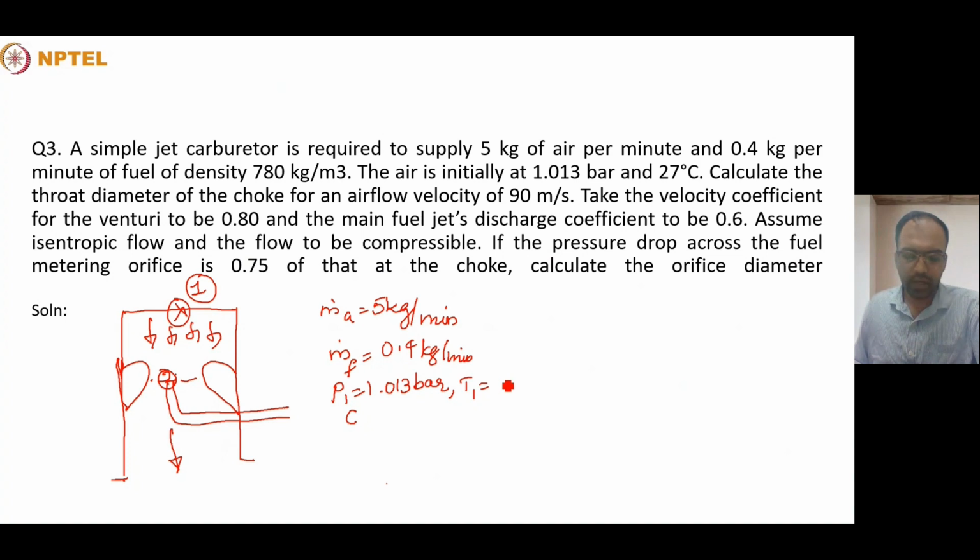T1 is equal to 300 Kelvin. The pressure and temperature at the starting point. The velocity C2 at the choke point is 90 meters per second. Venturi coefficient will be 0.8. Discharge coefficient of the fuel will be 0.6.